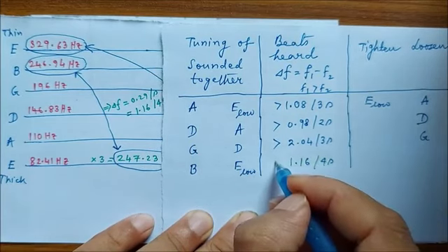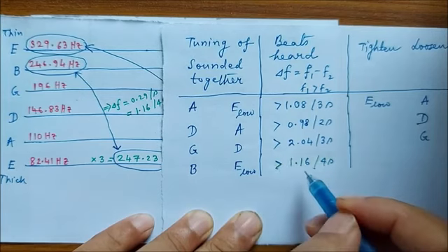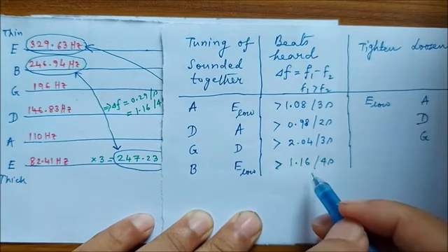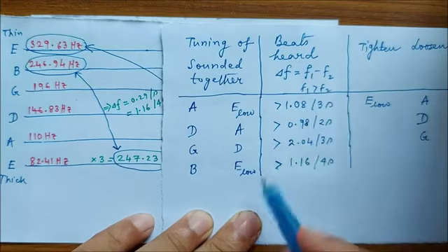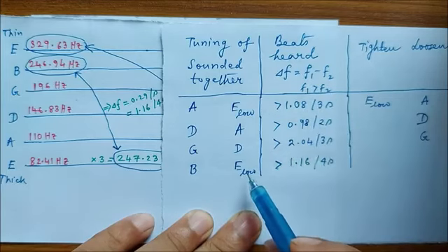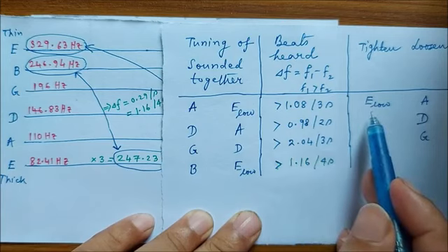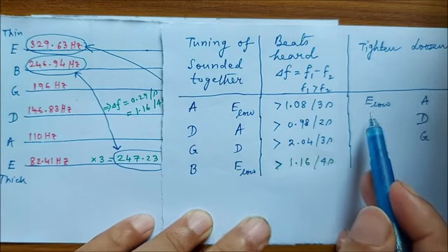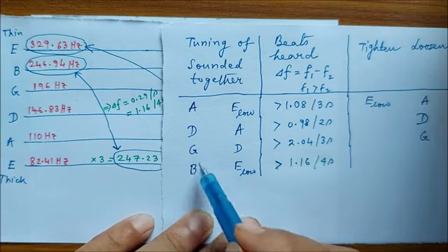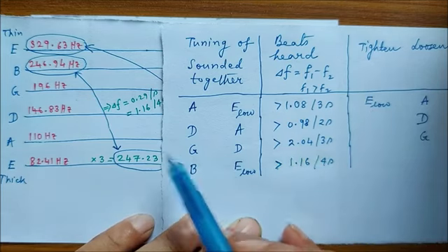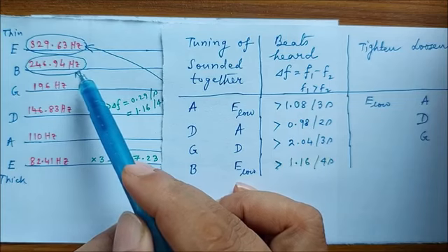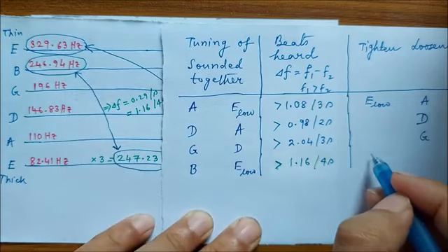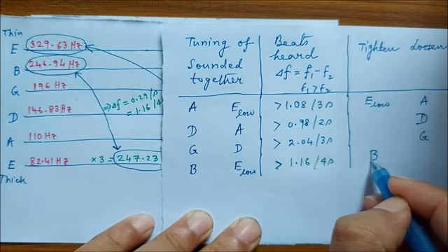But suppose they are not tuned and a larger number of beats are heard, then this gap can be reduced. We will not touch E low because this has already been tuned or set at fundamental. So let us adjust B. Now in this case B has lower frequency, which can be increased by tightening it. So B has to be tightened.